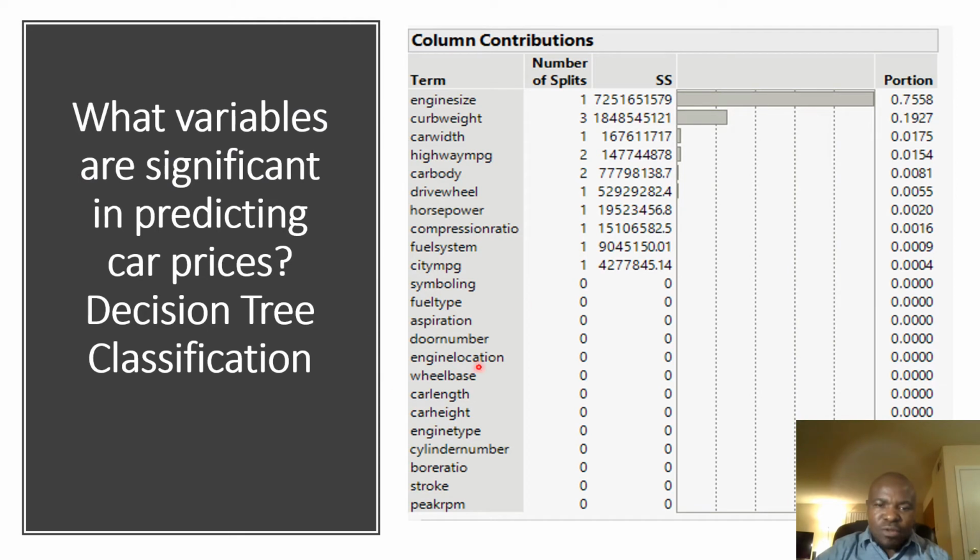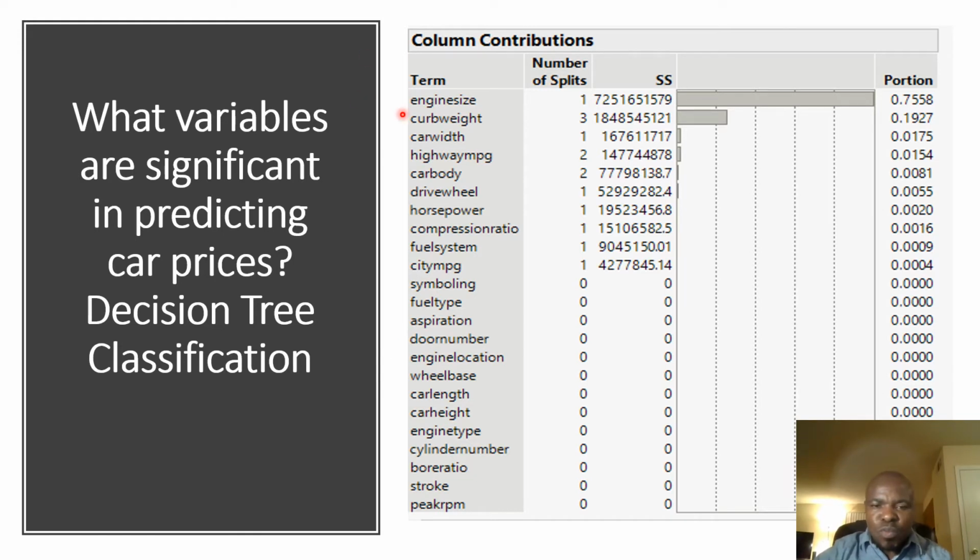Then the second method to test the same question was the decision tree classification. I chose this method because unlike regression, which is affected by multicollinearity and variance inflation factors, decision tree classification is more of non-parametric, and therefore it's not affected by these factors.